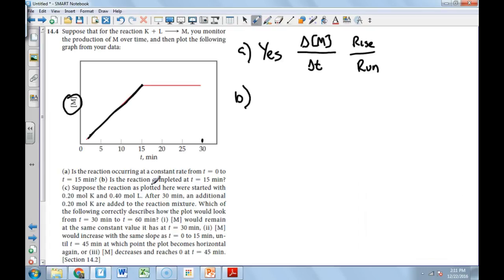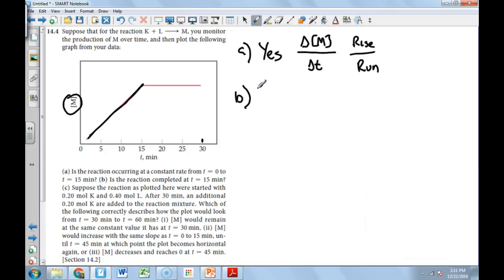Now, for part B, it says, is the reaction completed at 15 minutes? Now, this is a tricky question, and it depends on how you've been taught. So I have to take the way that I teach this. Complete means, has the reaction gone to completion as much as it's going to?